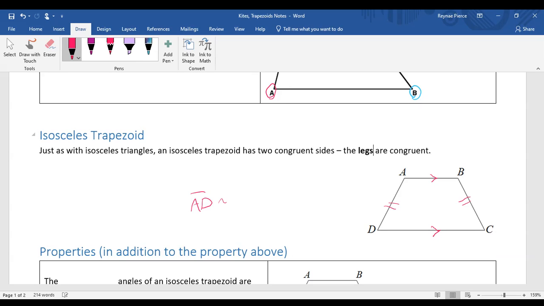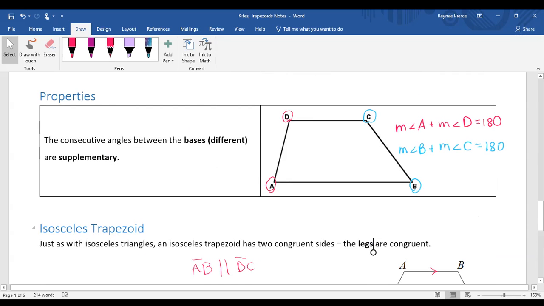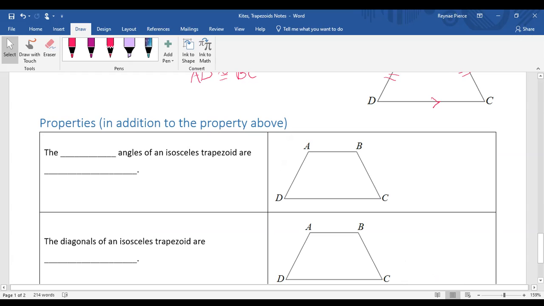So when AD is congruent to BC, and we've got that one pair of parallel sides. Now an isosceles trapezoid is still a trapezoid, so its consecutive angles are still supplementary, but there are two additional properties that make isosceles trapezoids special.